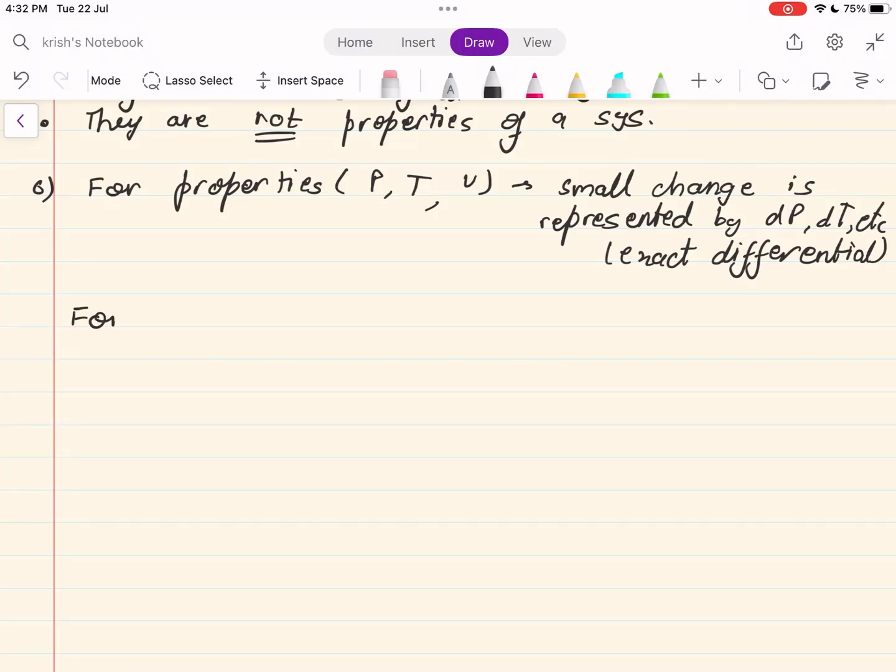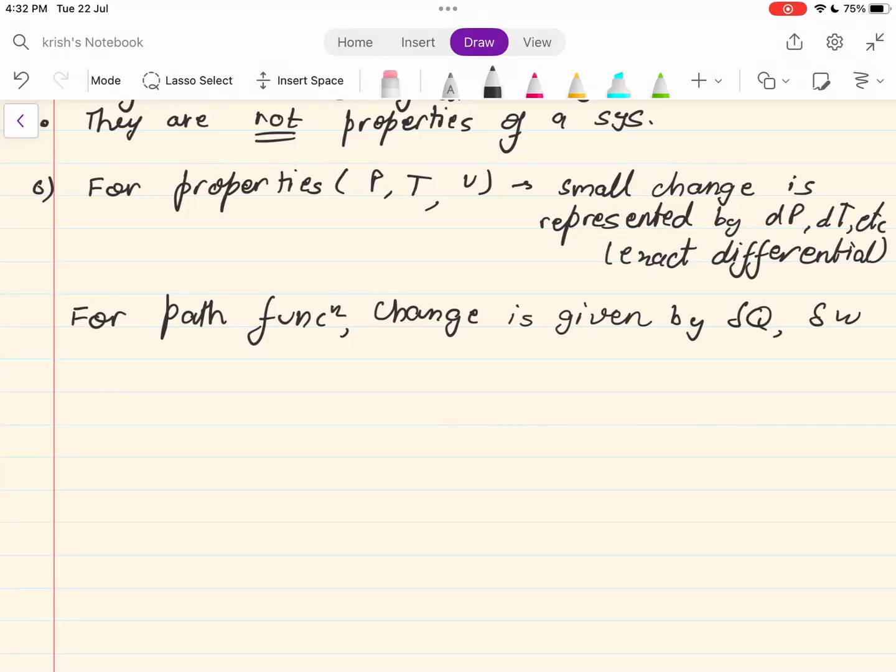However, for path functions, change is given by delta Q and delta W, or inexact differentials.